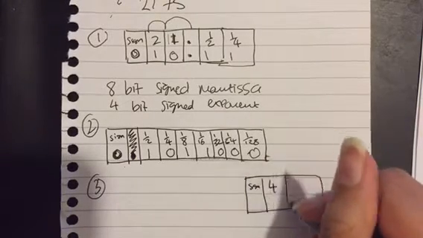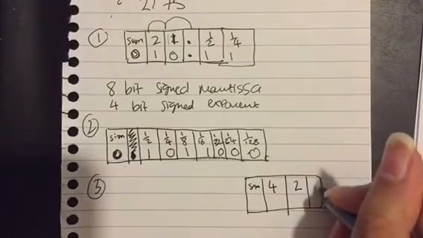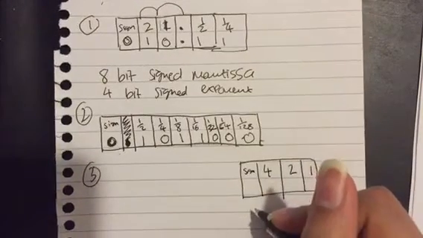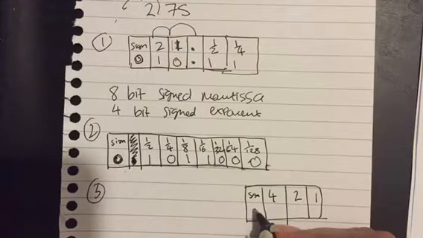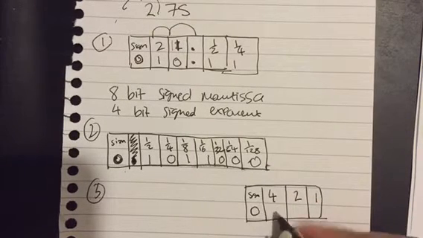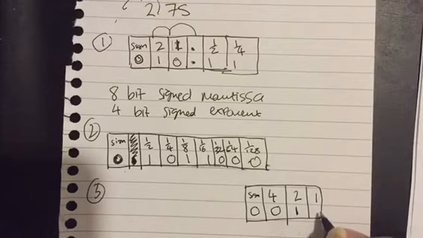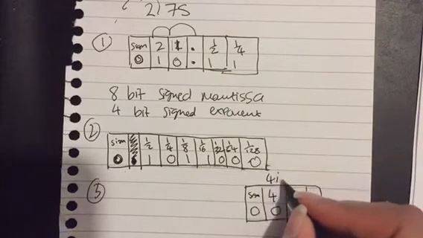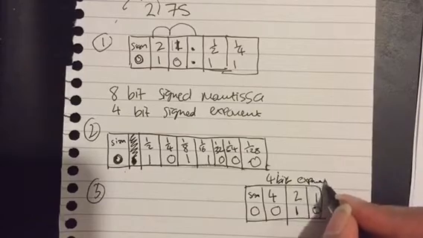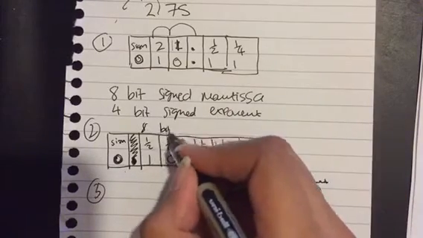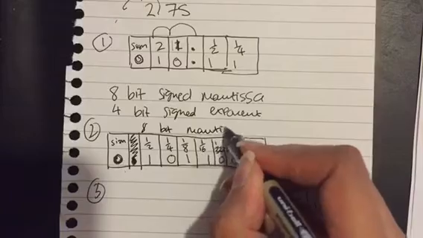Then in binary, we've got 4, 2, and 1. So that's going to be 0 because it's a positive number, 0, and we've moved it back 2 decimal places. So that's 1 and that's 0. So here's our 4-bit exponent. And this is our 8-bit mantissa.